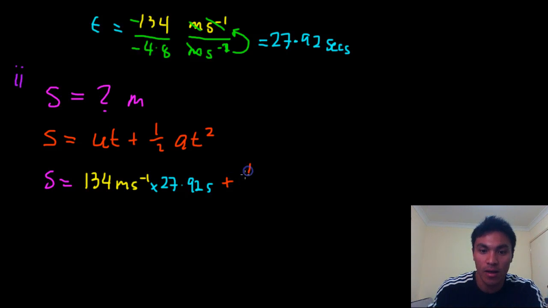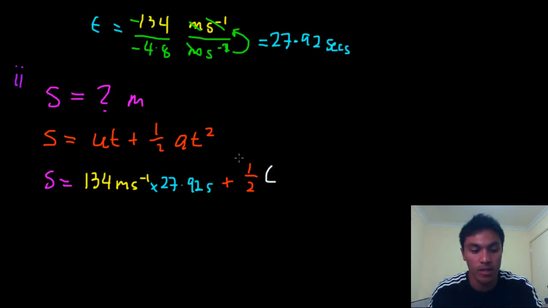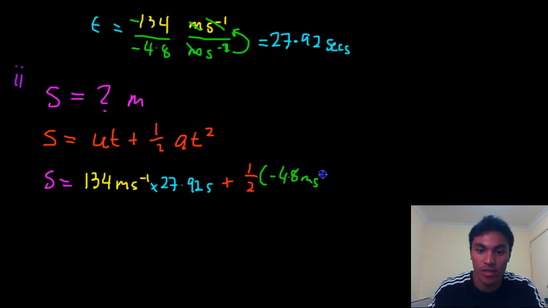Plus half of our acceleration, which is negative, in green, our negative 4.8 meters per second squared, multiplied by our time squared, which is 27.92.